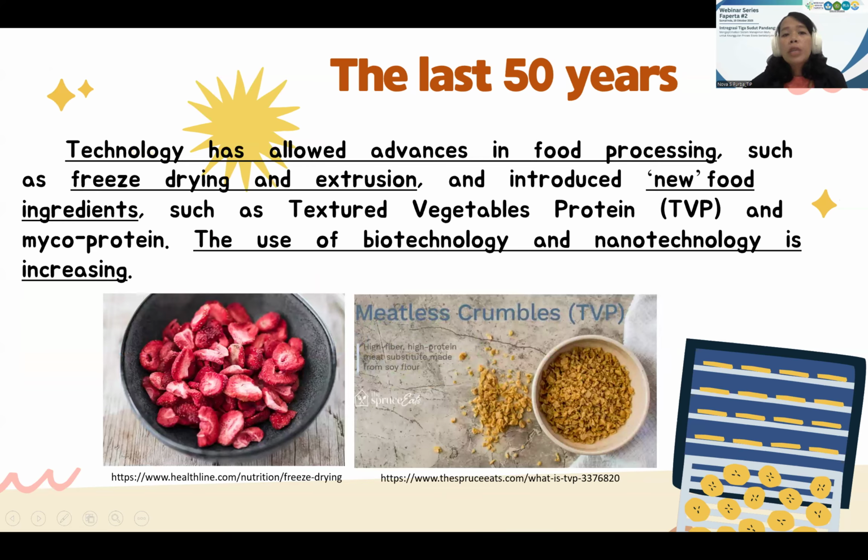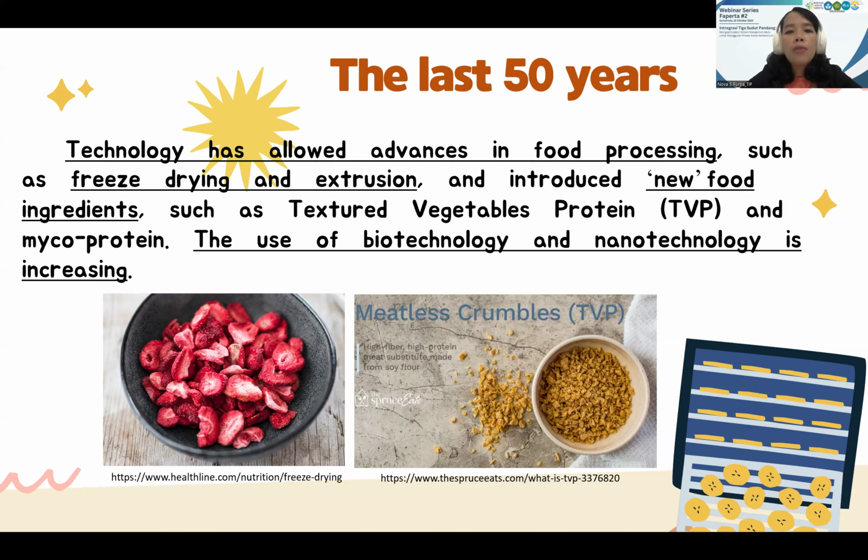And the technology has allowed advance in food processing as well. For example, like freeze drying and extractions, and introduce a new food. For example, like this one, meatless crumbles or TVP, textured vegetable protein.